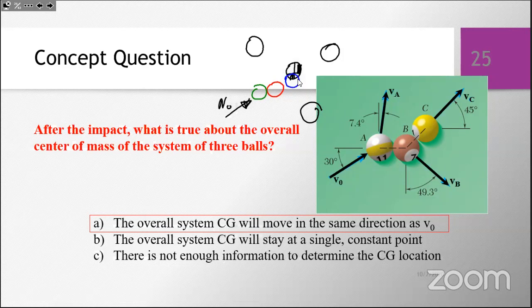The center of gravity of these particles is going to move up and to the left because we've applied some velocity in that direction, but it's because it was at rest to start with. And yes, they are expanding away from each other, but we don't care about that as much as we know that the center of gravity has to move along that line of action as applied by our velocity. Question.